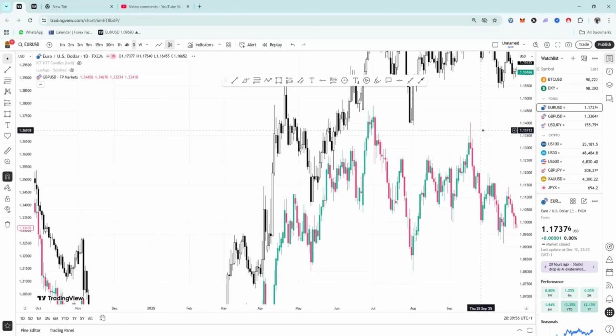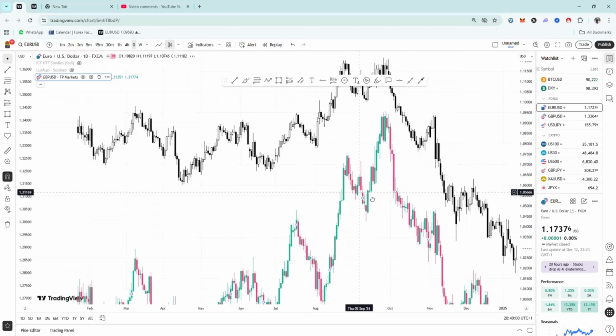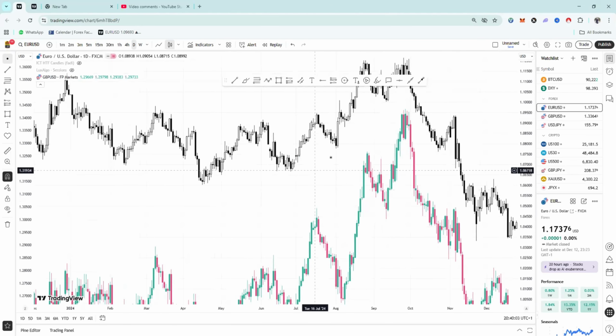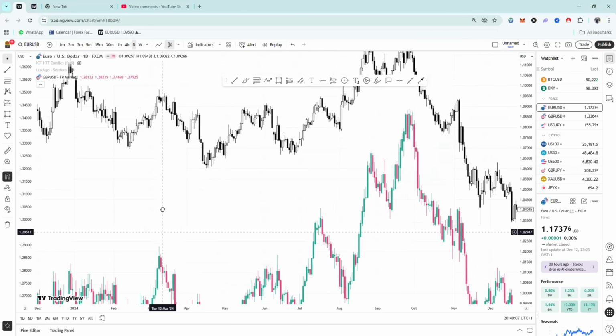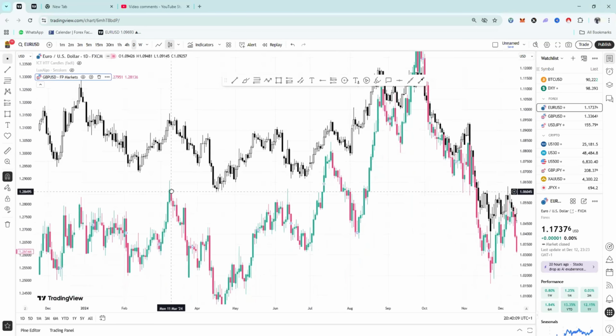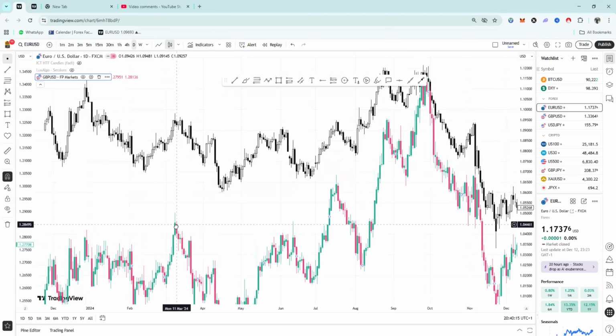Now, sometimes if we go back in time, you're going to notice that there will be some times where Euro USD or GBP USD is doing something different, and GU is not doing the same thing. Let's just try to look for an instance like that.